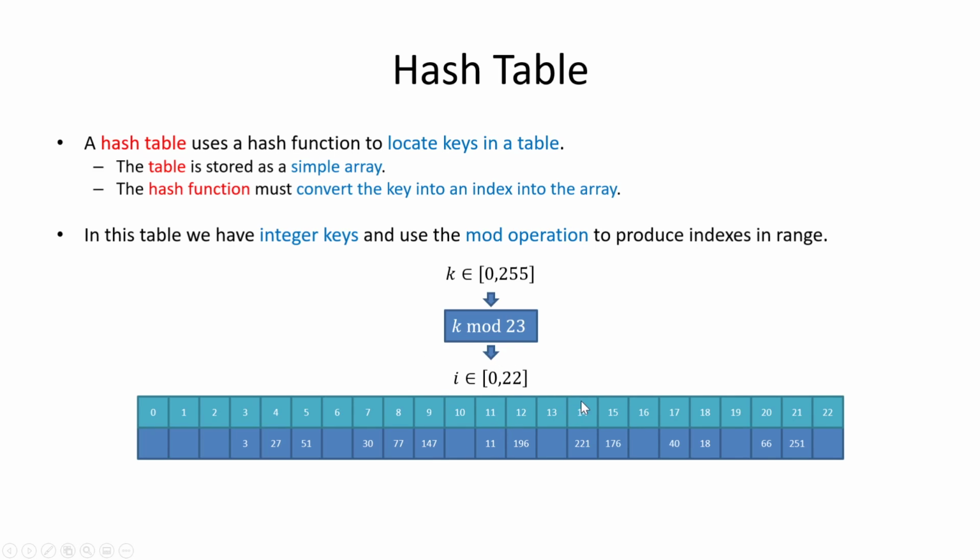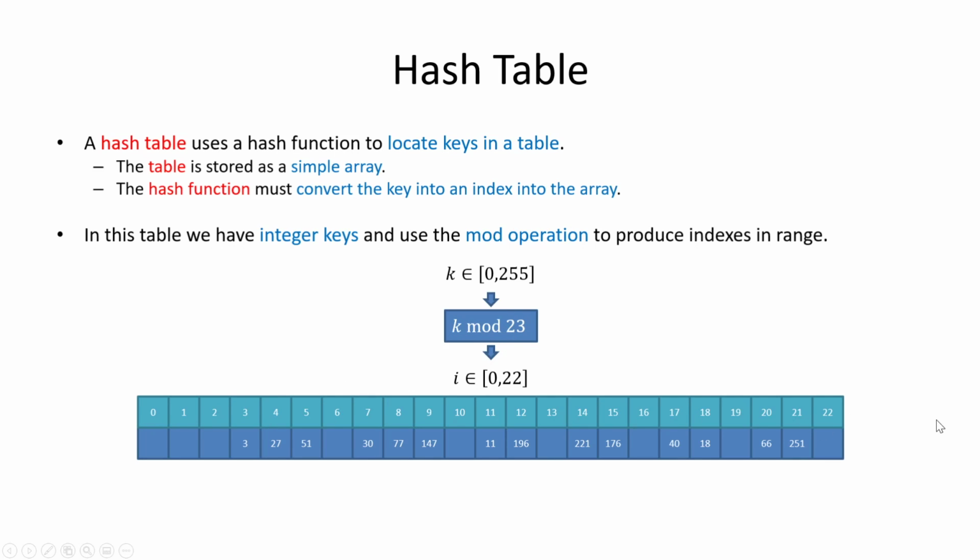So we need some method to convert the keys into indices. As you can see here, the mod operation does that job for us. The mod operation will give us a number in the range 0 up to the value that we're doing mod on. So since we need a value between 0 and 22, we're going to do mod 23.